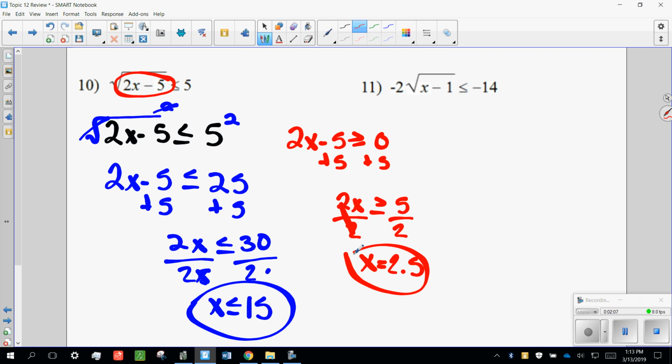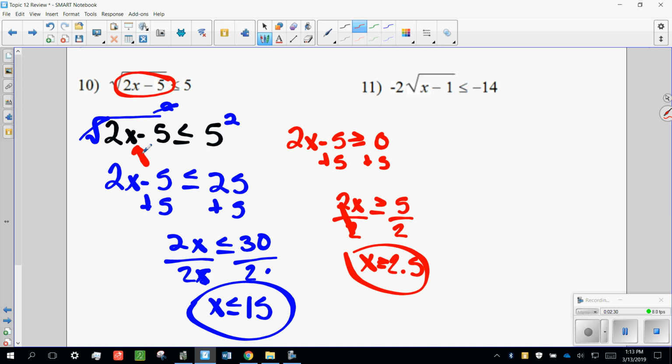So we have basically two parts of our solution. x less than or equal to 15 would lead you to believe that x could be anything less than 15. It could be all the negative numbers, it could be 0. But if you plug in a 0 here, we have 0 minus 5, and then we're trying to take the square root of that. The square root of negative 5 is an imaginary number.